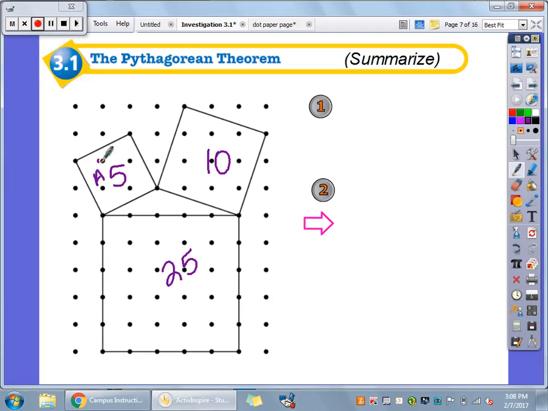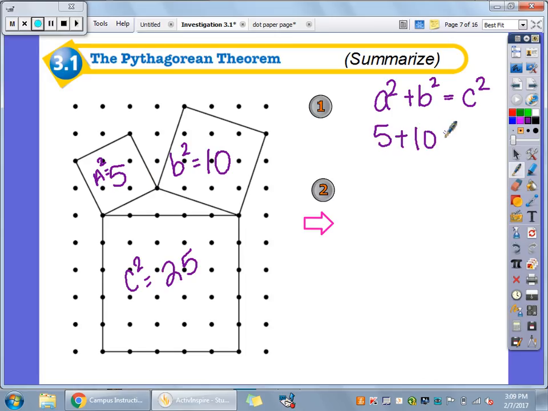So this is a squared, this is b squared, and this is c squared. If the Pythagorean theorem is true, a squared plus b squared should equal c squared. Well, a squared is 5, b squared is 10, c squared is 25. Is that a true statement? No, so that means this is not a right triangle and it doesn't work.